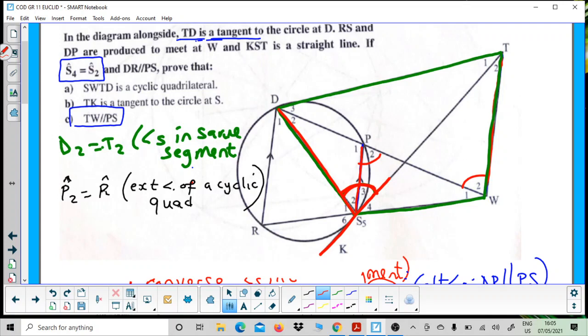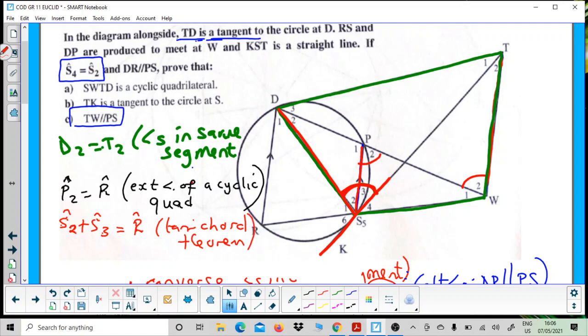So this angle as well is going to be equal to R. Can I do that? Okay, as long as you're seeing it. So S2 and 3 is going to be equal to angle R. And your reason now is tan chord theorem.